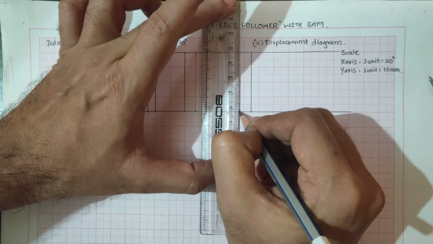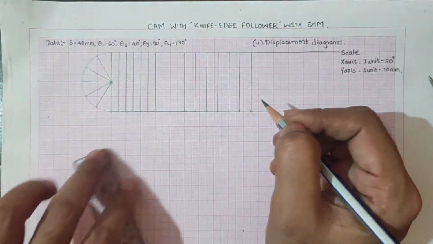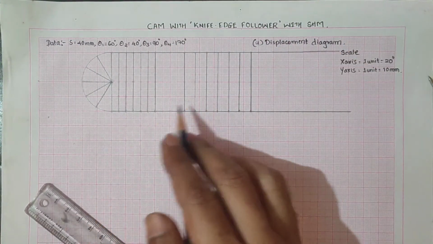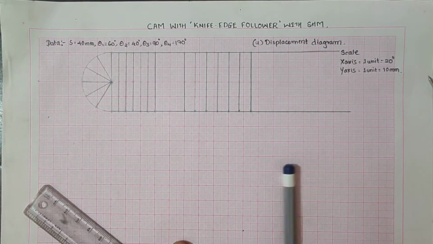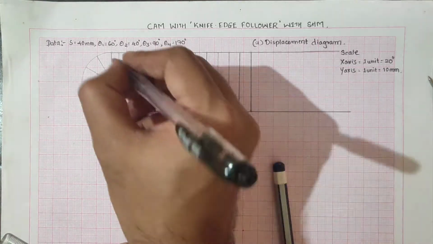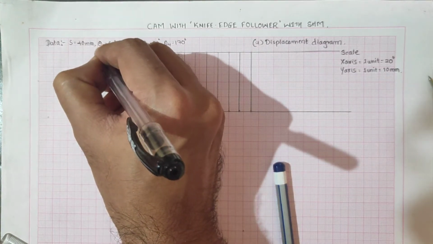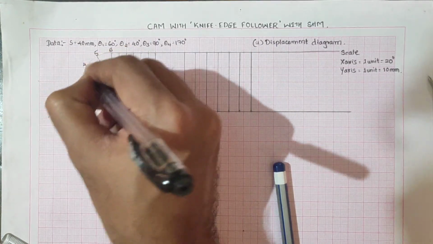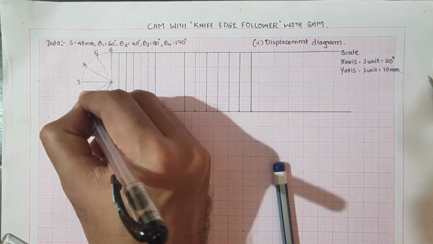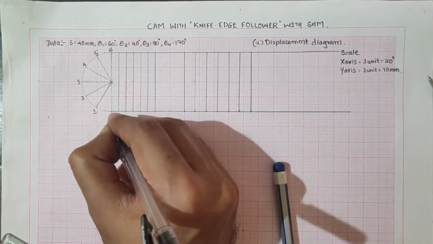It is always better to have even partitions in both the cases. So this is how we have done. Next we need to label them so that we can understand it better. So this one, label it as 6, 5, 4, 3, 2, 1 and 0.